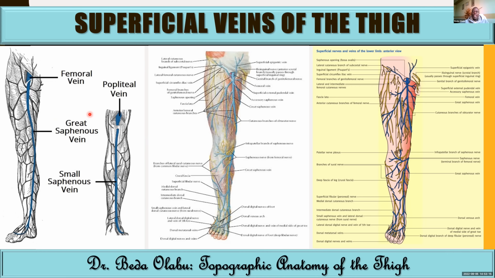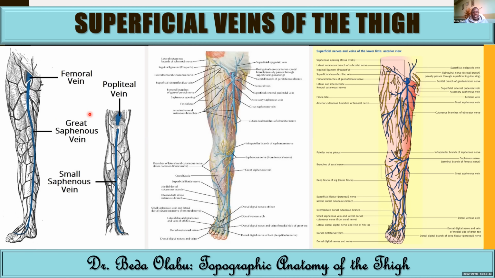The superficial venous system of the lower limb runs just beneath the skin, and it is not accompanied by arteries. The deep venous system accompanies arteries. They run between muscles around the arteries. So here, I'll not talk about the deep venous system. I want us to talk about the superficial venous system.